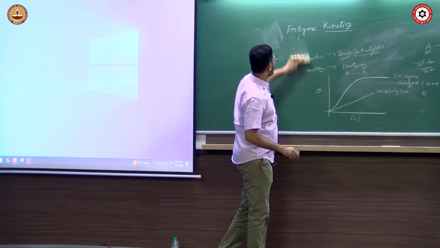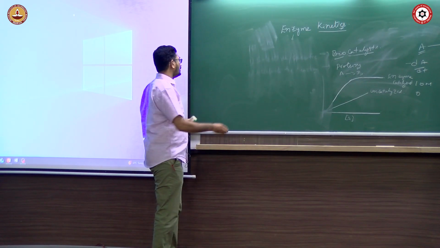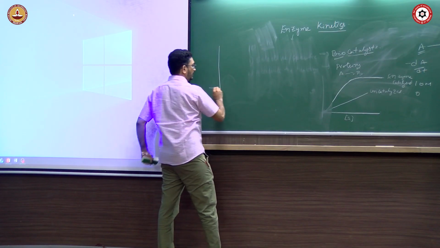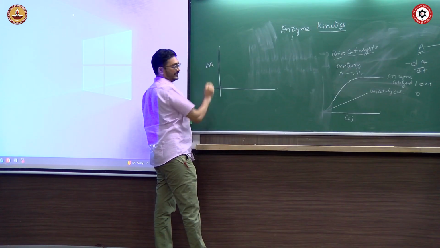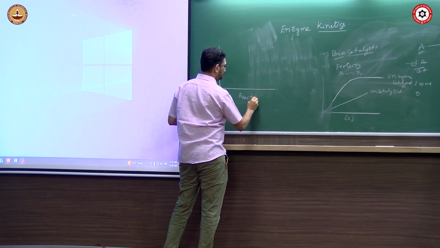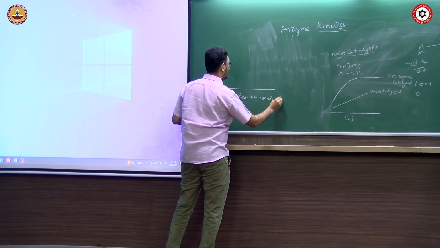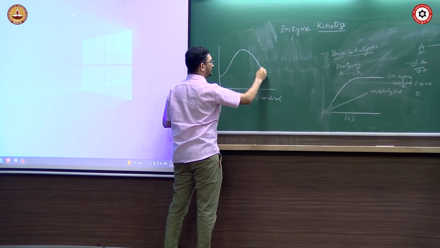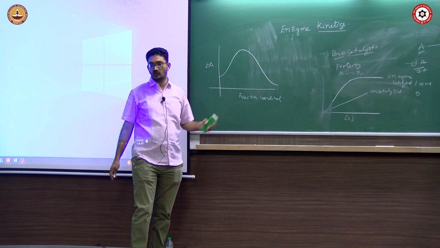Suppose the catalyst is there. Now I have a delta G, or a free energy, and I have my reaction coordinate. You all have seen this kind of free energy versus reaction coordinate diagram, right?